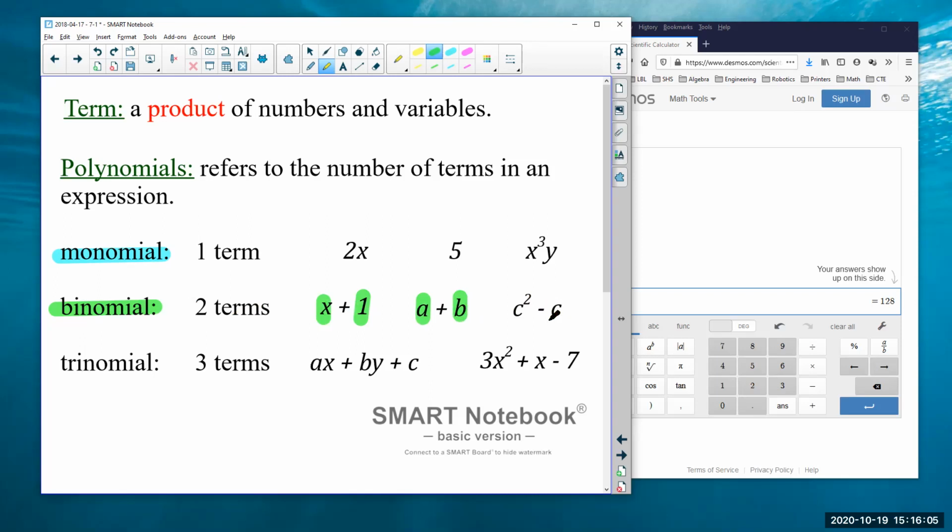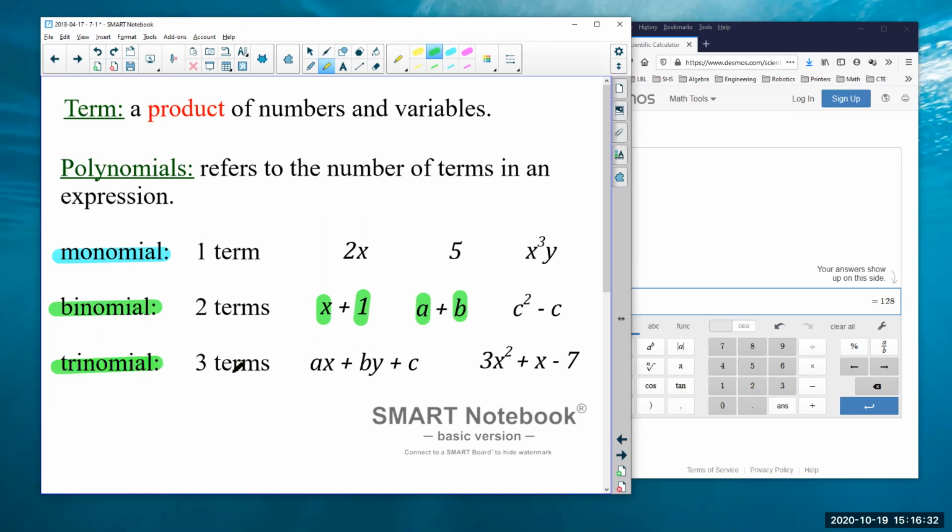And then c squared minus c, also a binomial. Okay, remember back to algebra, we talk about combining like terms and how c squared and c are not considered like terms. They have to be the same base and the same power in order to be considered like terms. And so monomial means one term, binomial means two terms, just like a bicycle has two wheels.